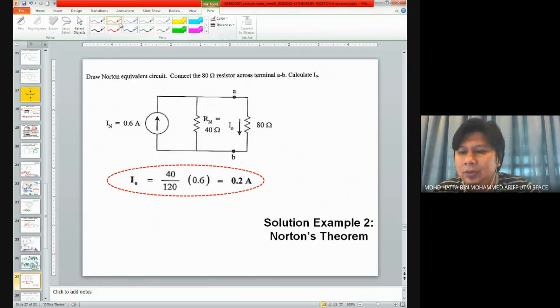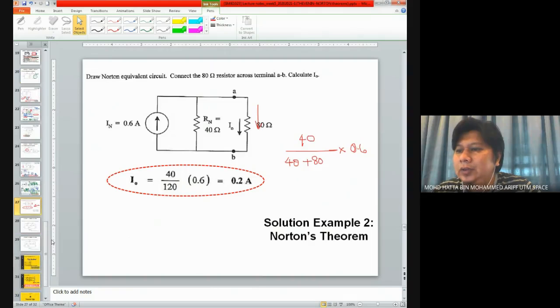To find the current over here, use this resistor 40, divided by 40 plus 80, times the current flowing into those two branches. So the equation stated here is solved using the current divider rule.